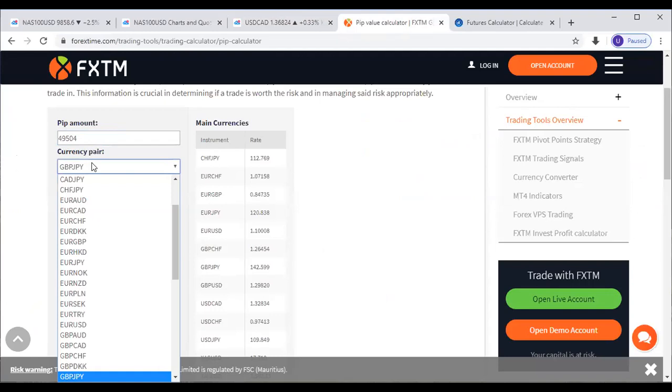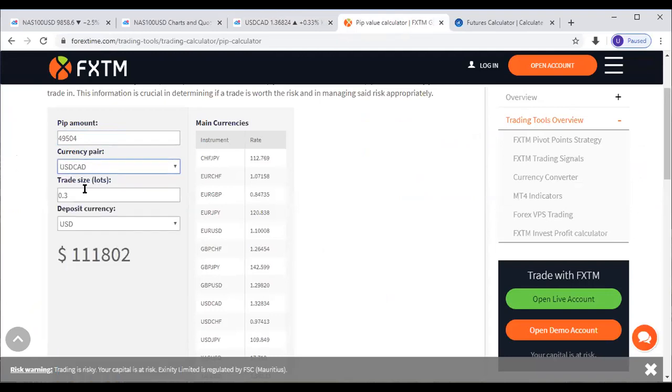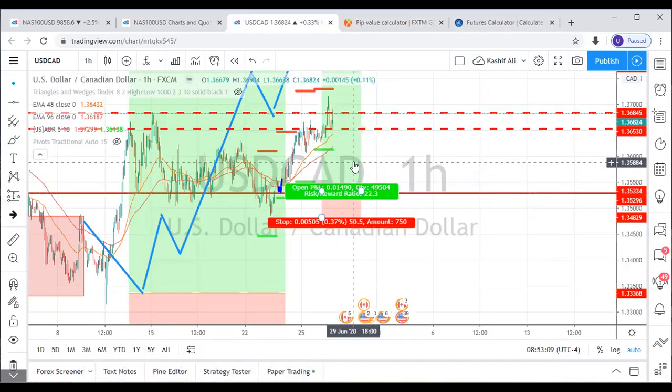And if you take USD CAD, always calculate your position size. For example, if you take only 0.5, this is the result. My God. So it is like this, but I don't think so. It is 3,000, maybe 1,300, but why is it not showing the correct pips?